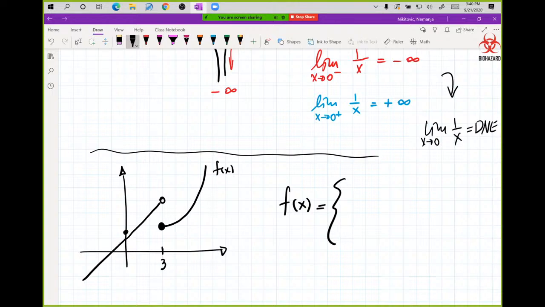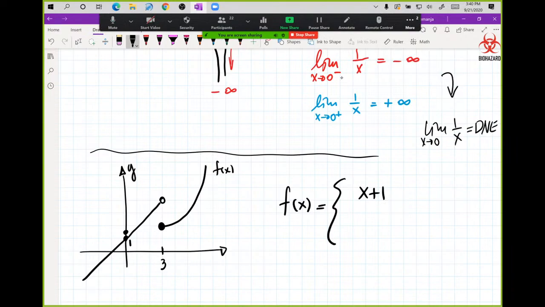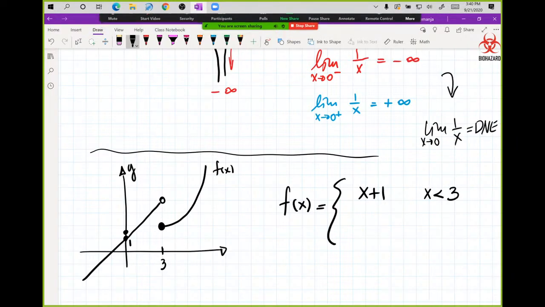Now I made it 45 degrees, whatever. It goes through 1 right there. So this is going to be x plus 1 for all x values smaller than 3. So that's my domain, right?